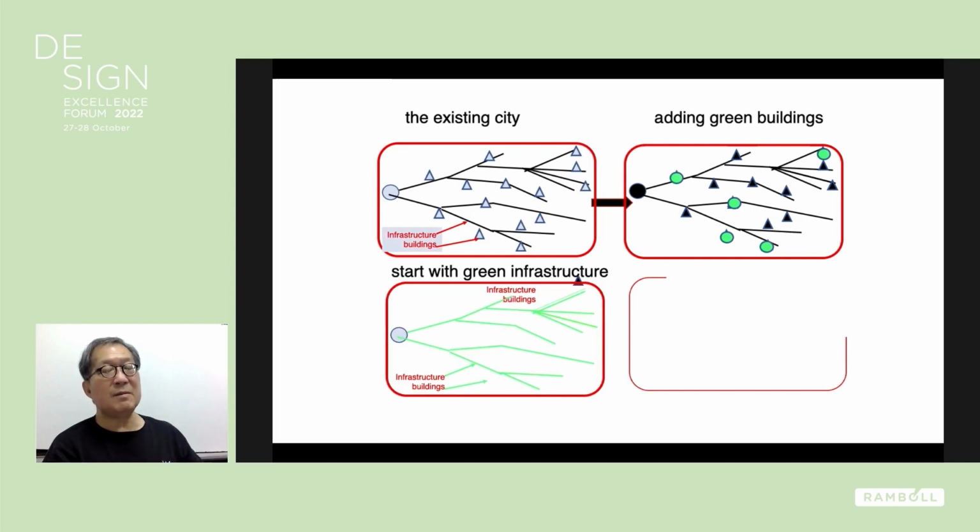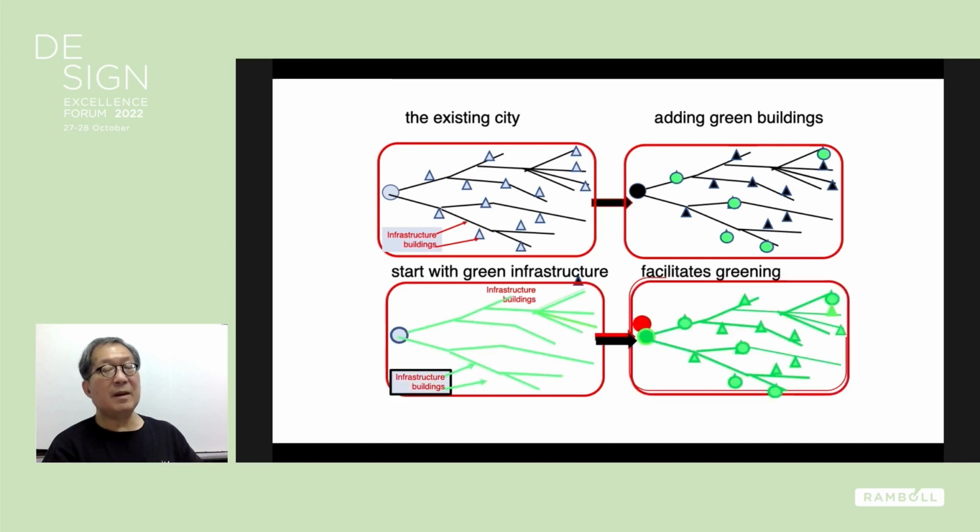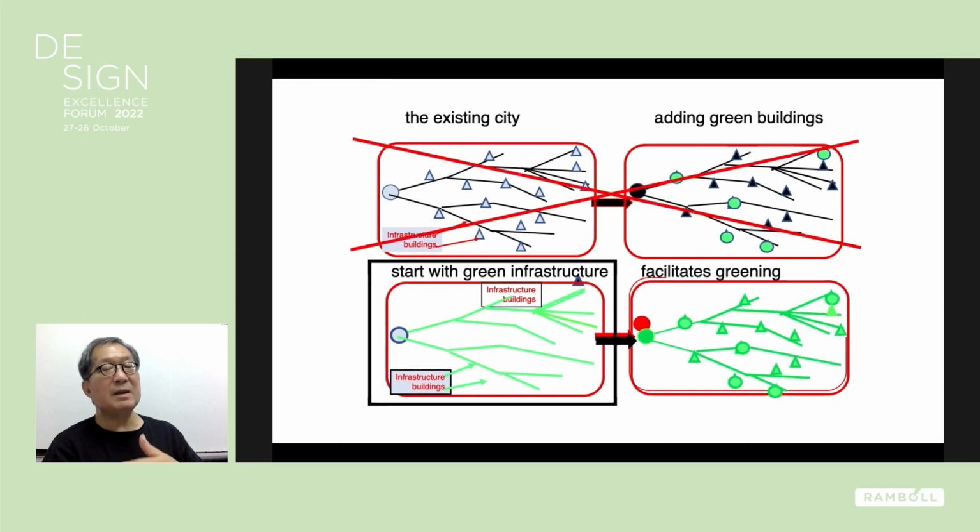The energy system is green, the water supply is green, the sewage system is green, the practices are green. Then anything that we put in after that makes the city even greener. So when we start doing green design, we start with the infrastructure, with the diagram on the left side. That is the first thing we do with every city.